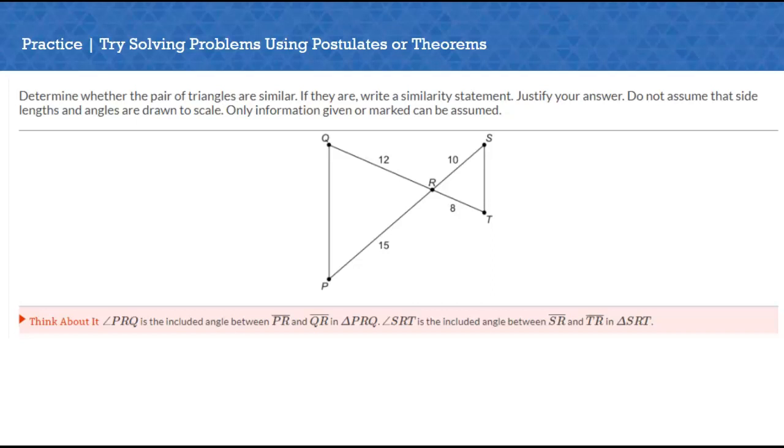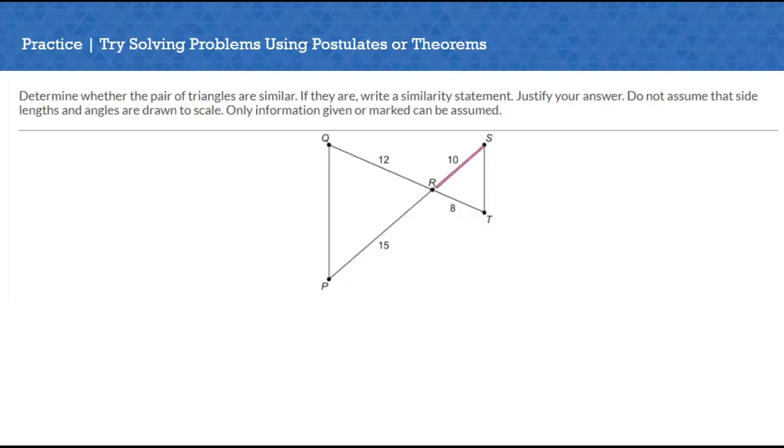Now let's look at triangle PRQ and triangle SRT. Notice that PRQ has included angle R and SRT has included angle R. Since the R angles are vertical angles, they're going to be congruent.